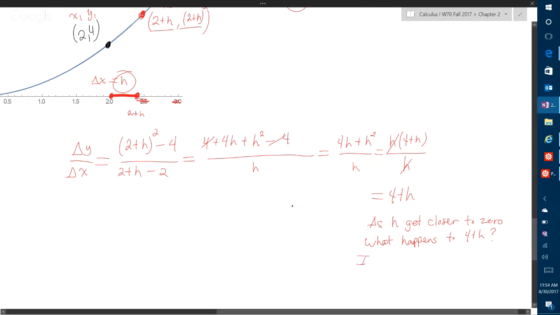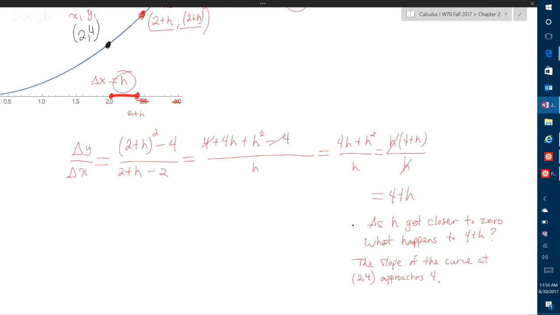So it approaches 4. Let me be a little more precise: the slope approaches 4 at the point 2, 4 as h gets smaller and smaller and smaller.